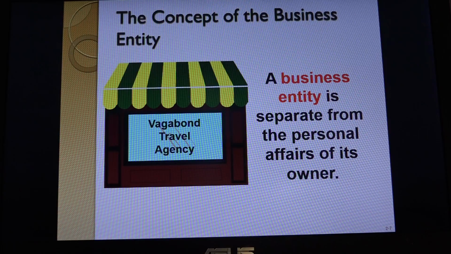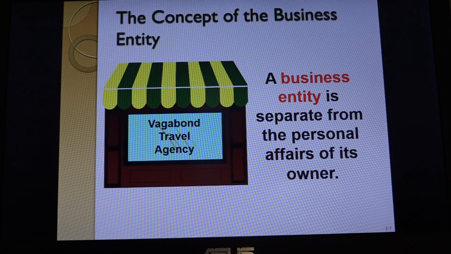Again, this idea of a business entity, especially when you're dealing with corporations, is that they are separate from the personal affairs of the owners or owner. And so you keep separate books.